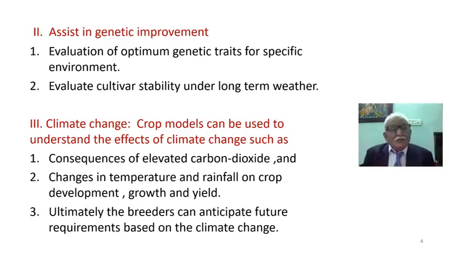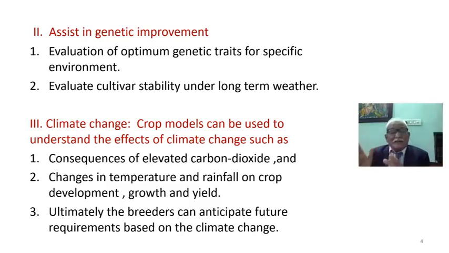Finally, the use of crop growth simulation in climate change scenarios. As I said several times, in the basics, and in the advances I am going to cover climate change. Crop models can be used to understand the effects of climate change, such as consequences of elevated carbon dioxide, and changes in temperature and rainfall on crop development, growth, and yield. Ultimately, the breeders can anticipate future requirements based on climate change. When carbon dioxide is elevated, what happens to growth and development?